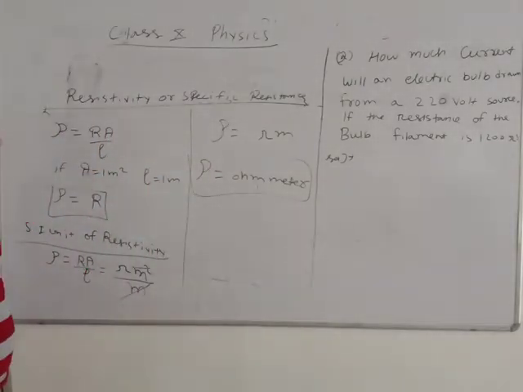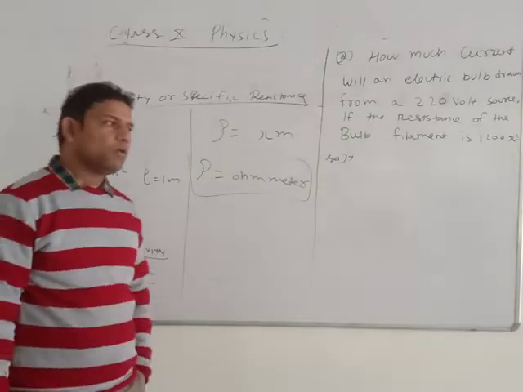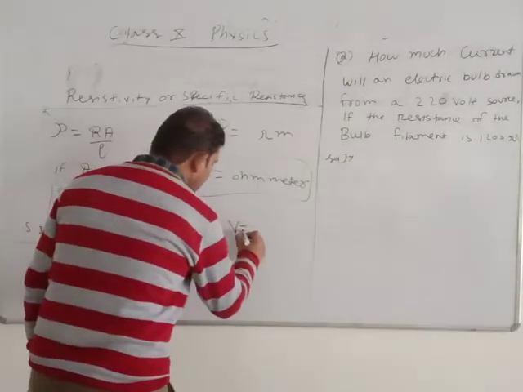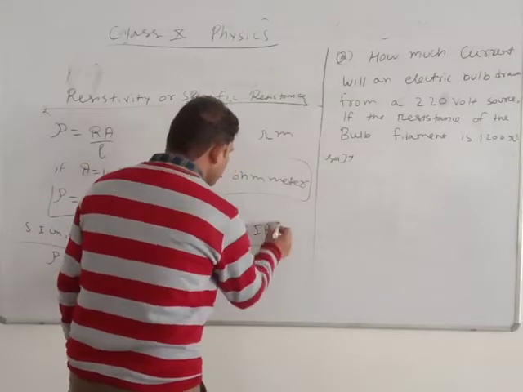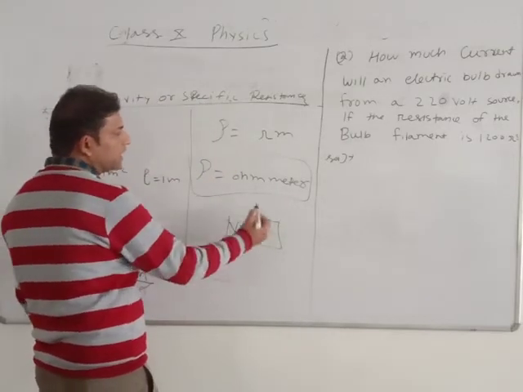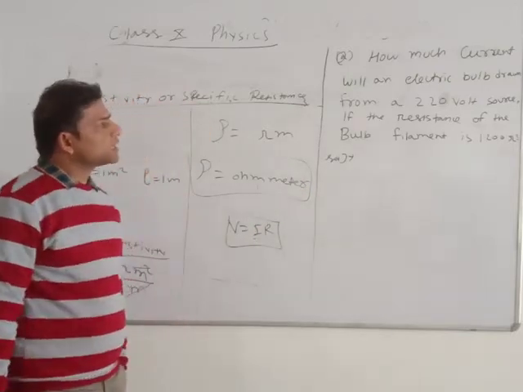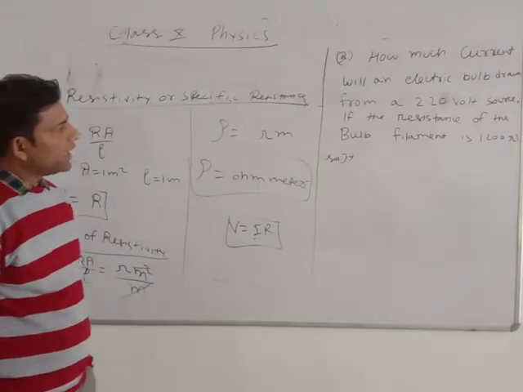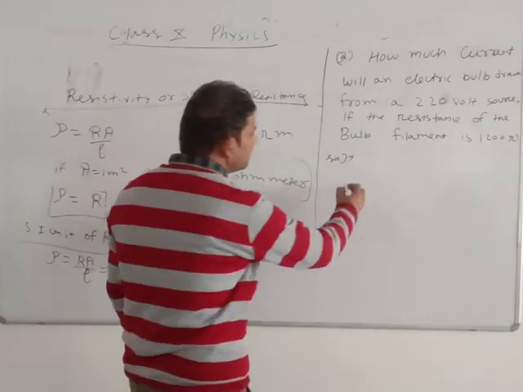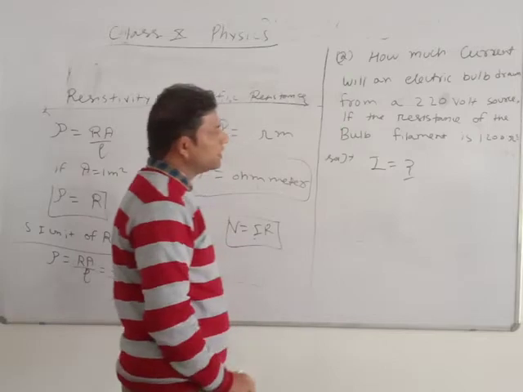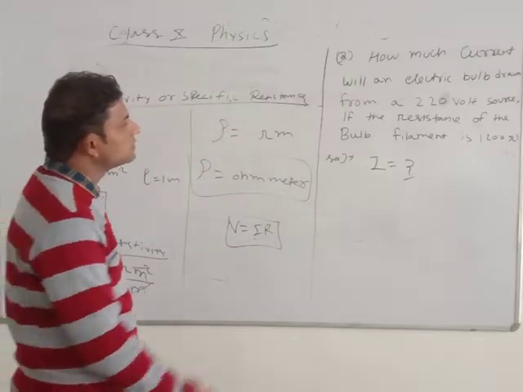Student, next we do one numerical based on Ohm's law. V equals IR, where V is potential difference, I is current, and R is resistance. Our question is, how much current will an electric bulb draw? Current is not given, so we can find the current.